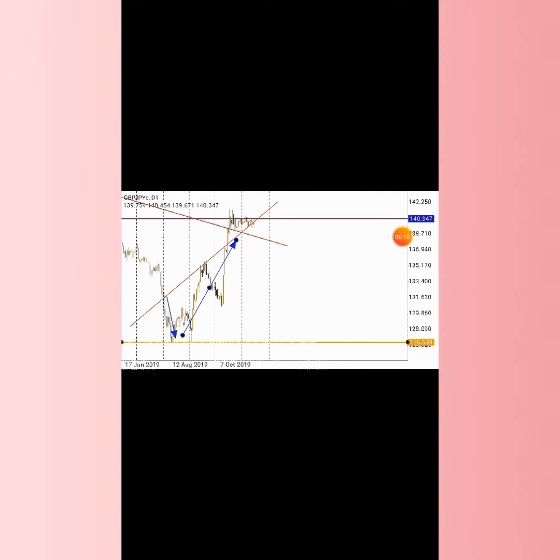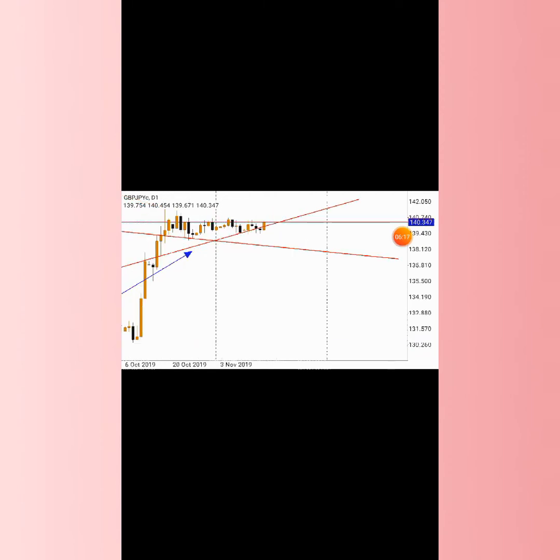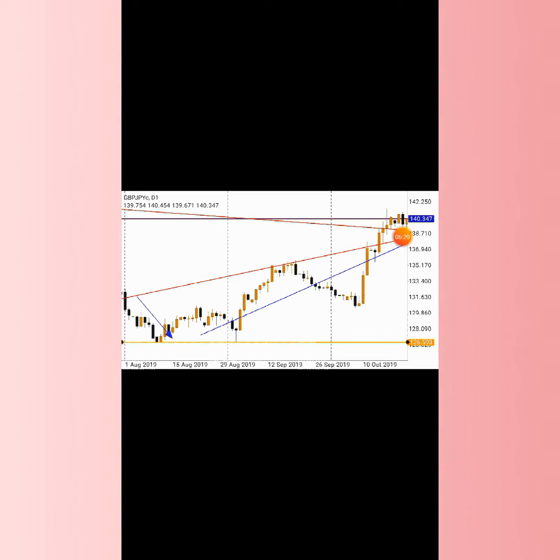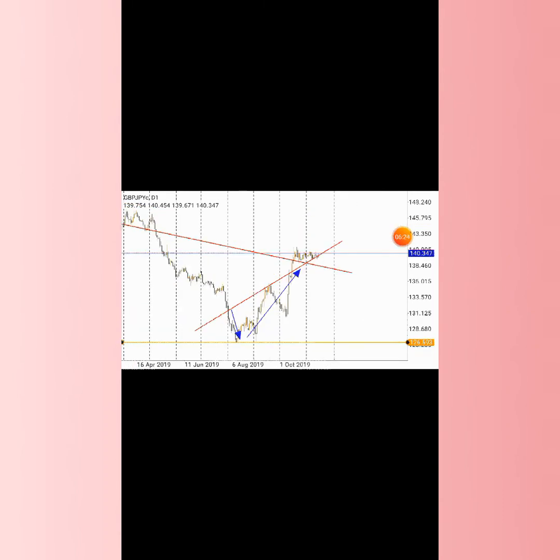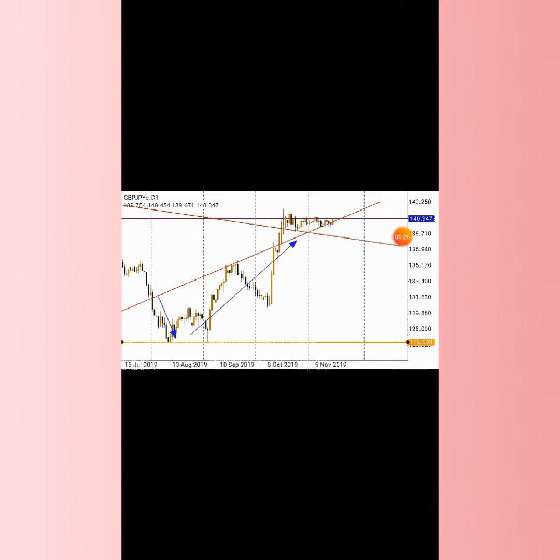So one thing you ought to identify as a beginner trader is that every time a pair reaches a certain level of resistance, which is identified by trend lines or horizontal lines, just like here, the price will, at most times, bounce at support or bounce at resistance.